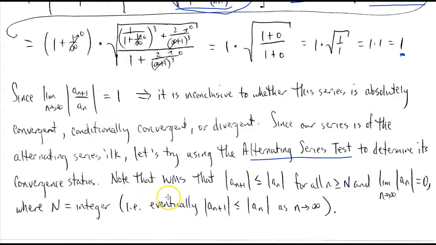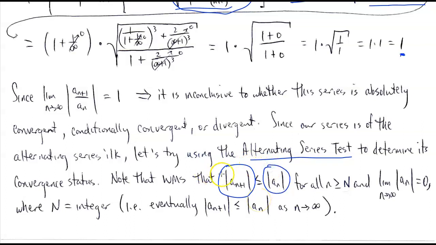All right, so the two things that we need to look for with the alternating series test is that if we look at the non-negative version of our sequence values, we need to know that the subsequent value in the sequence, as we plug in higher and higher values of n, is going to be a number that's smaller than the current.